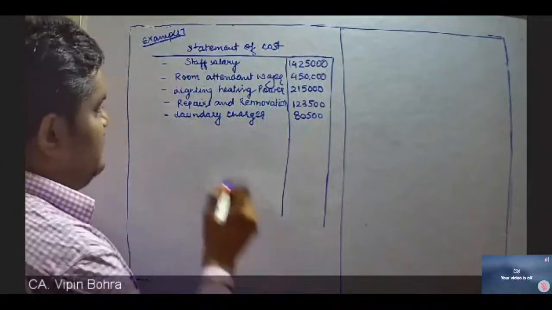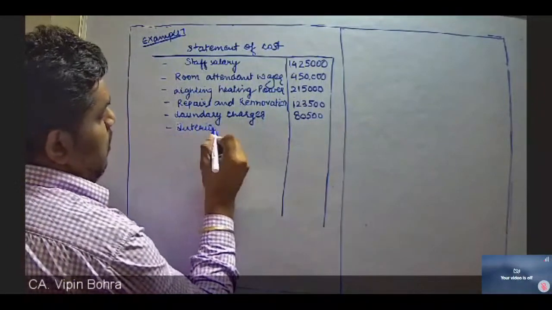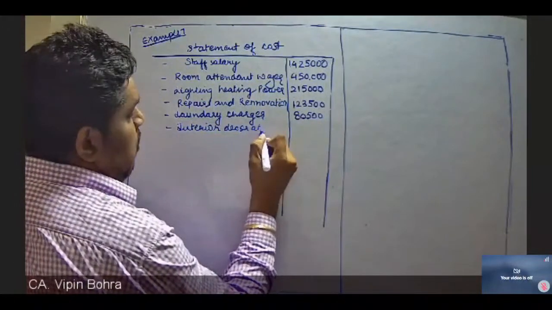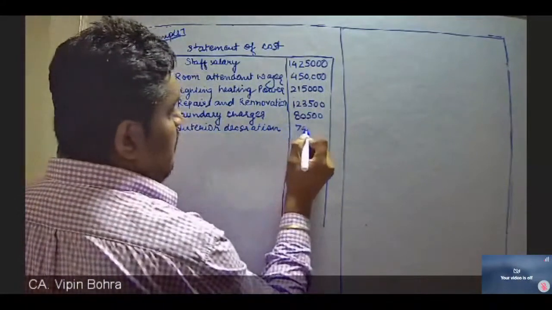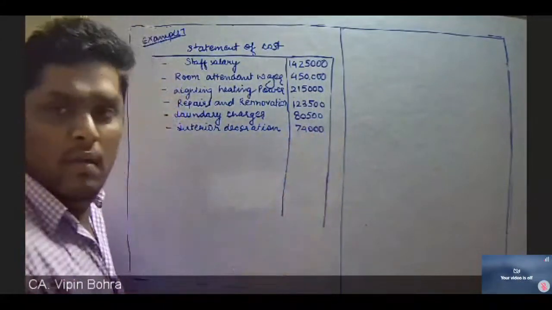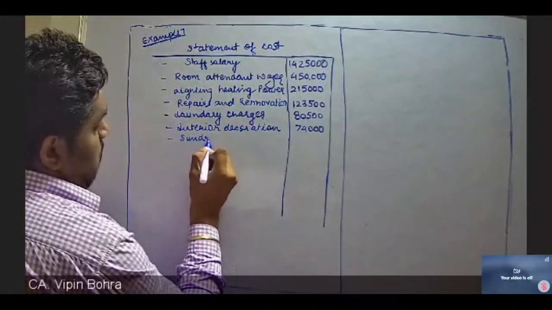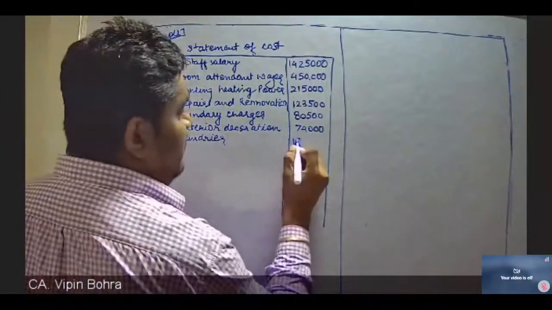Interior decoration, 74,000. Sundries, 1,53,000.